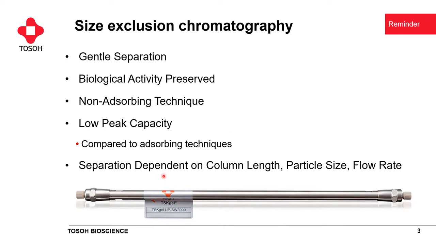Last but not least, we are dependent on the column length, the particle size, the flow rate, all of which we can use to later on improve our separation performance, as we will see.